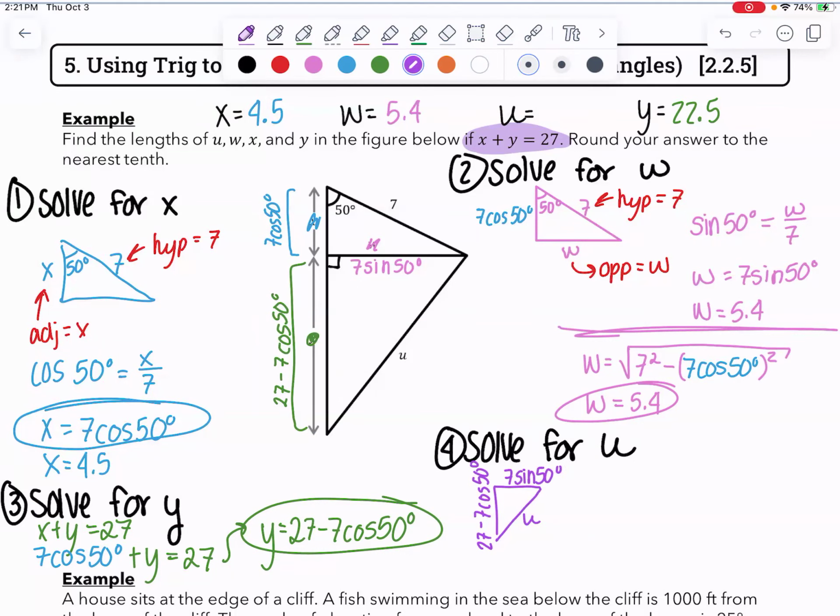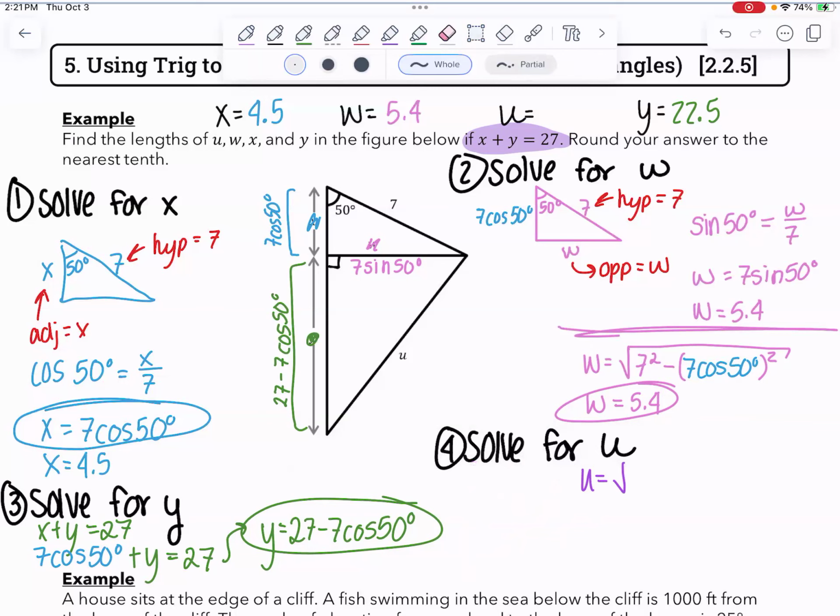So U is going to be equal to the square root of, and you know what? I'm just going to delete this picture because I'm going to need all the room I can get here. U is equal to the square root of 7 sine of 50 degrees squared.